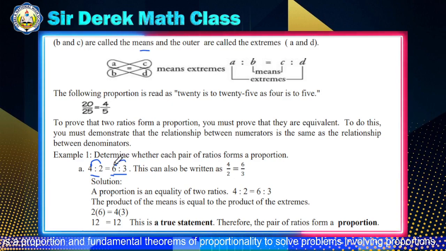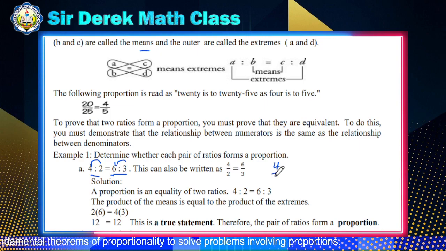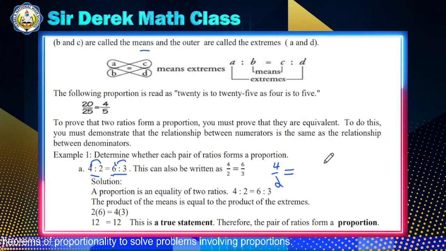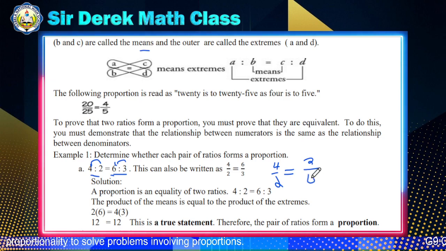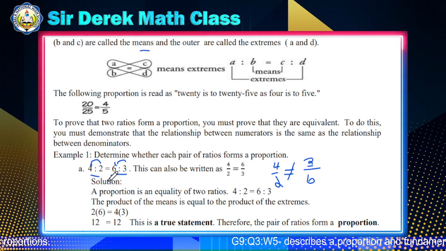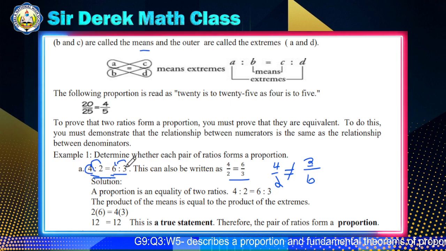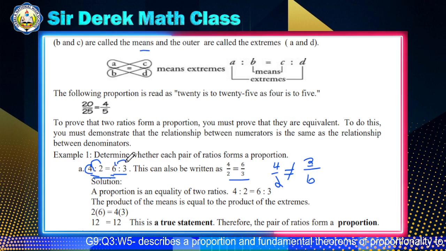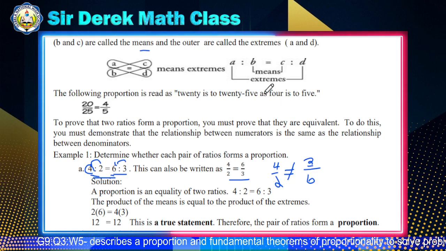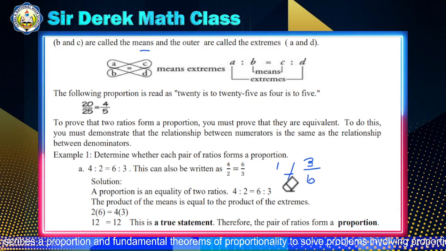It cannot be correct if you write 4 is to 2 as 3 is to 6. That should not be the correct form in fraction. So be consistent in writing colon form into fraction form, meaning the first will be over the second. Consistency matters.